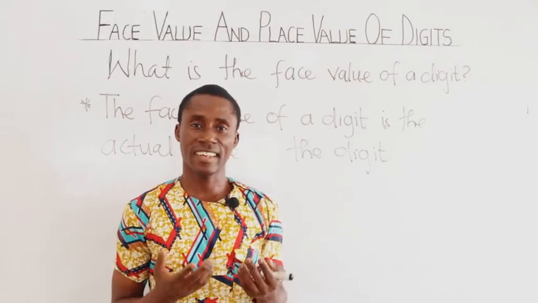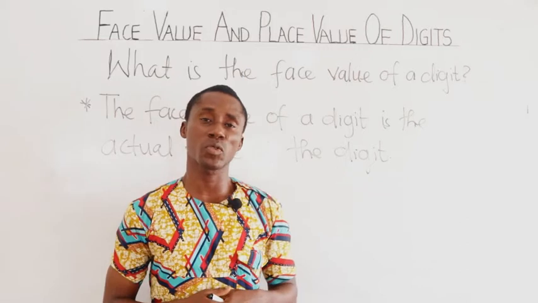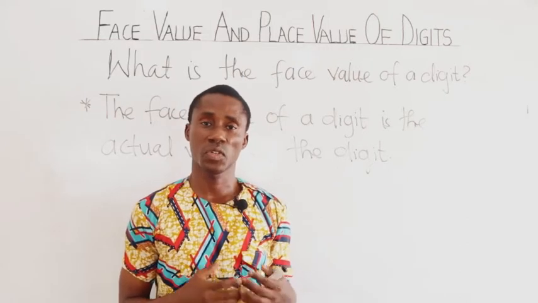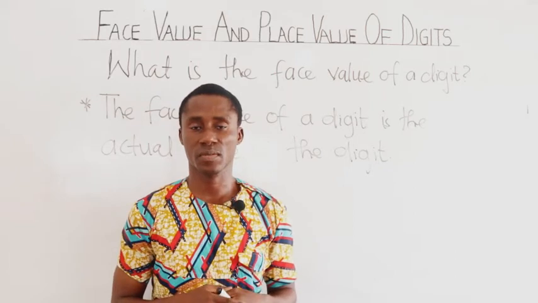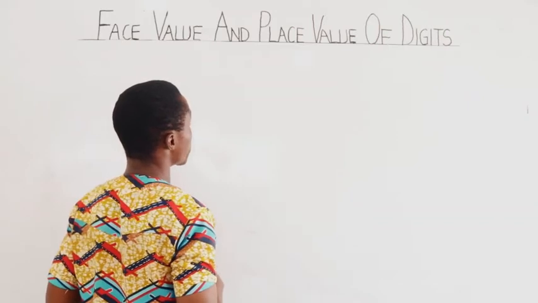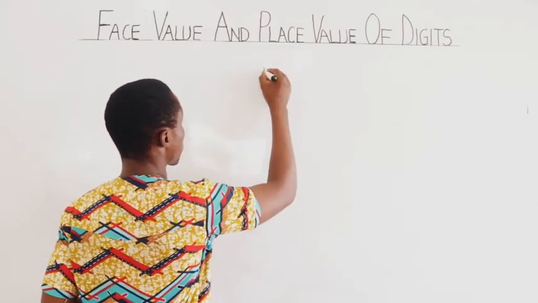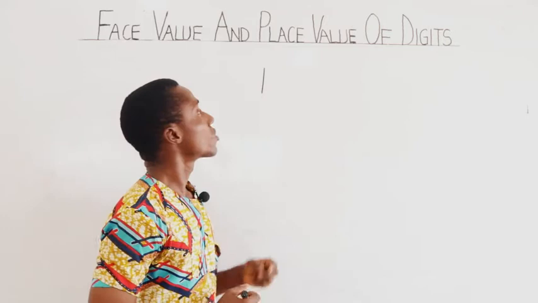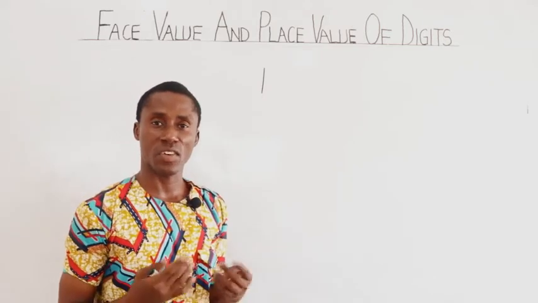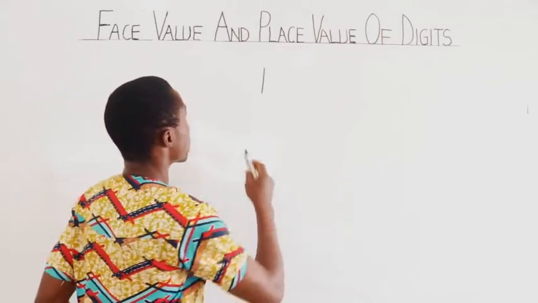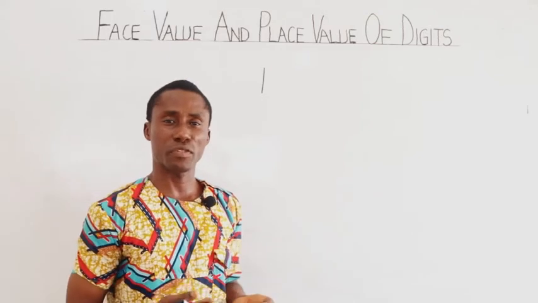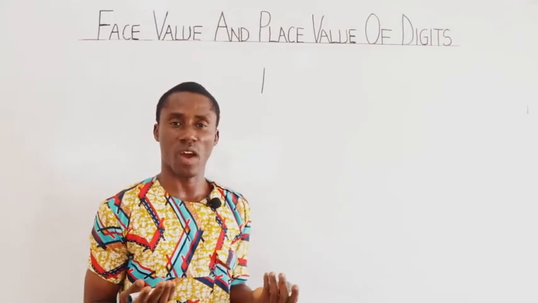Now, let's take some examples of finding the face value of digits. So, let's find the face value of the digit 1. So, what is the face value of the digit 1? And the face value of the digit 1 is the value of the digit 1.